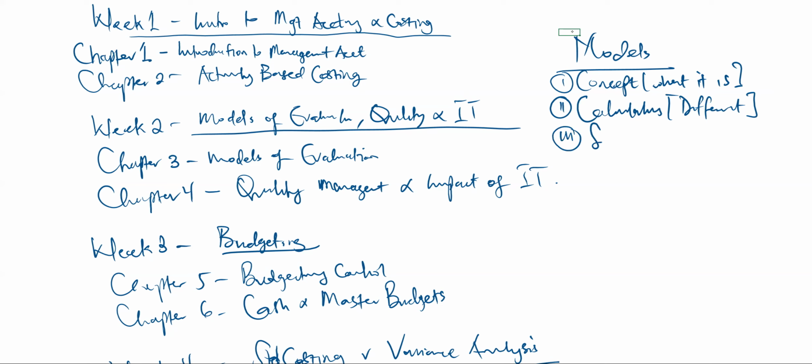Thirdly, is it similar or different from other models? For instance, if I say throughput accounting, which model is it similar to? How different is it to that model? Then the next thing is to add the advantages and disadvantages of that model.